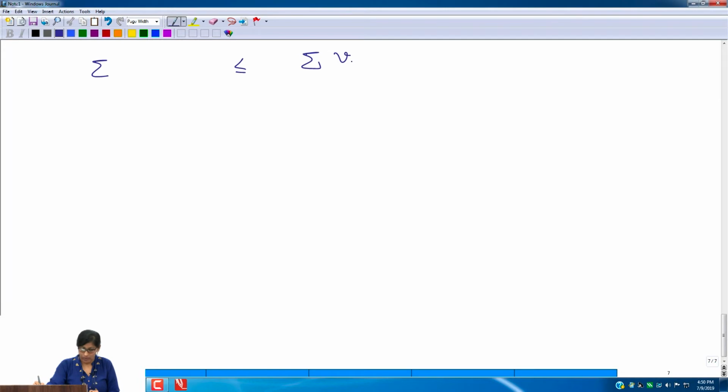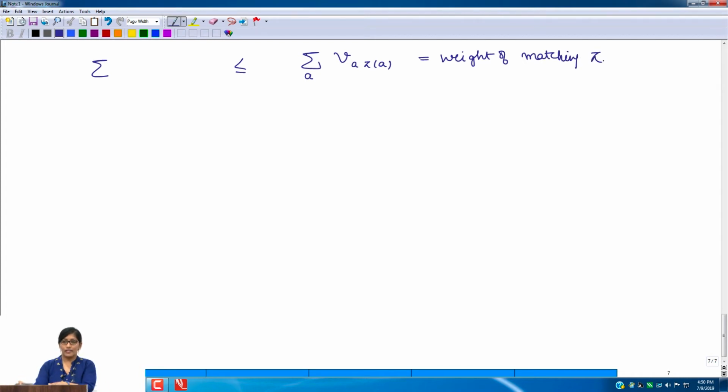So I can write the sum over all agents A of V_A(pi(A)). This particular value is the weight of matching pi. Since I assumed pi was a maximum weight perfect matching, its weight must be at least the weight induced by the matching sigma.